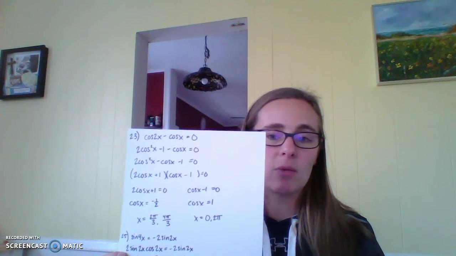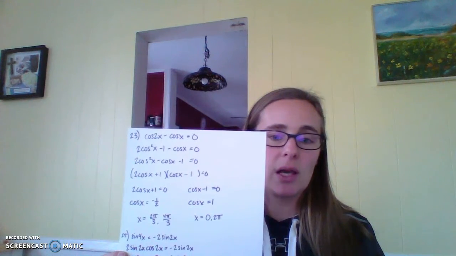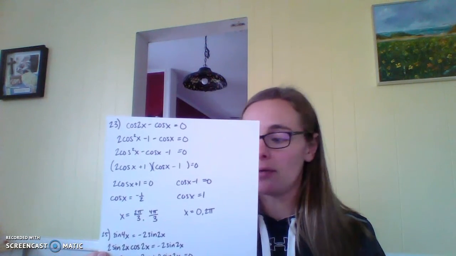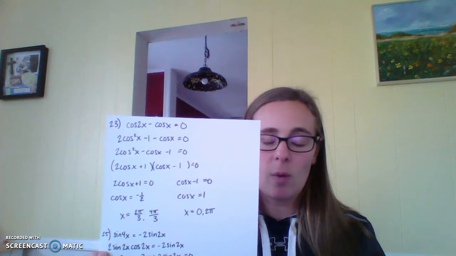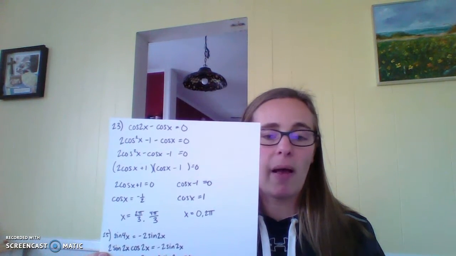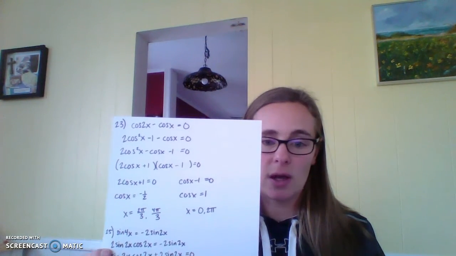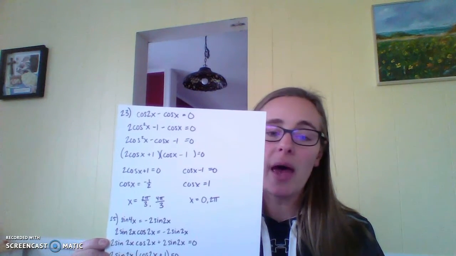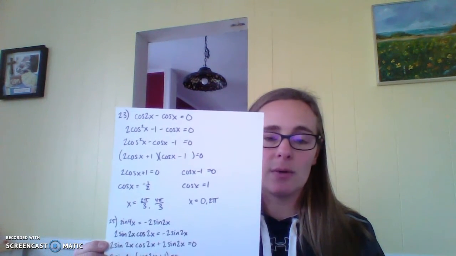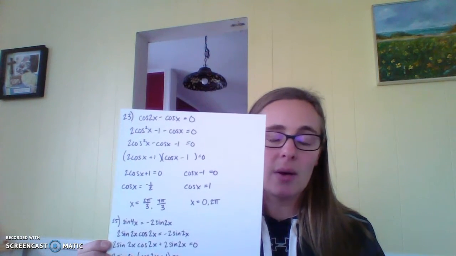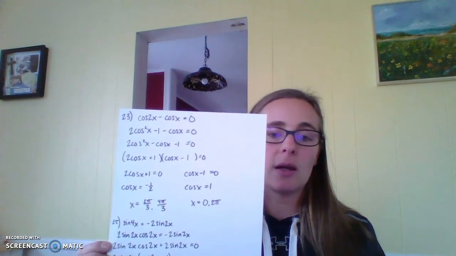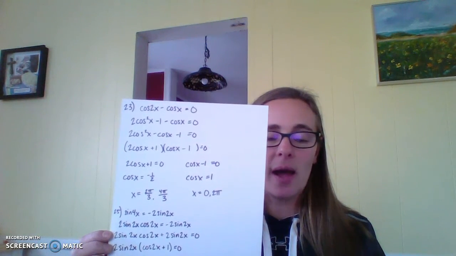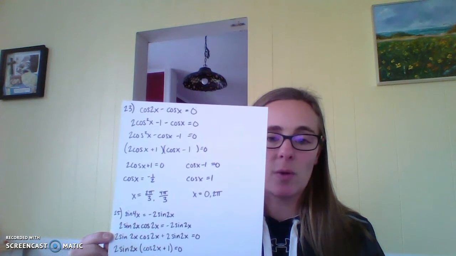It might be tempting to say, I'm just going to keep expanding things out using my double angle identities, but you don't have to do that. At this point, what I would do is move my negative 2 sine of 2x over to the other side. So I would have 2 sine of 2x cosine 2x plus 2 sine of 2x is equal to 0, because at this point, now I can factor out a 2 sine of 2x. Factoring out my 2 sine of 2x, I'm left with cosine of 2x plus 1 equal to 0.